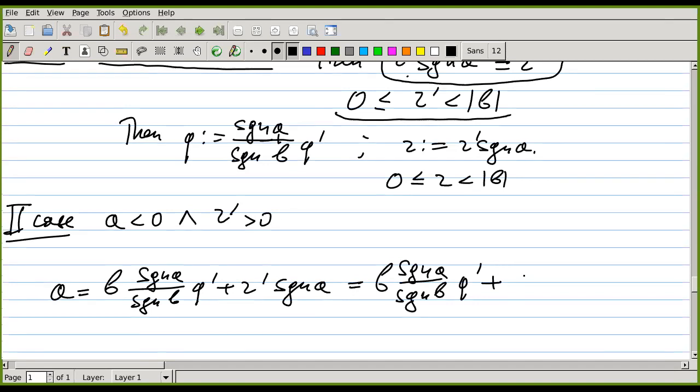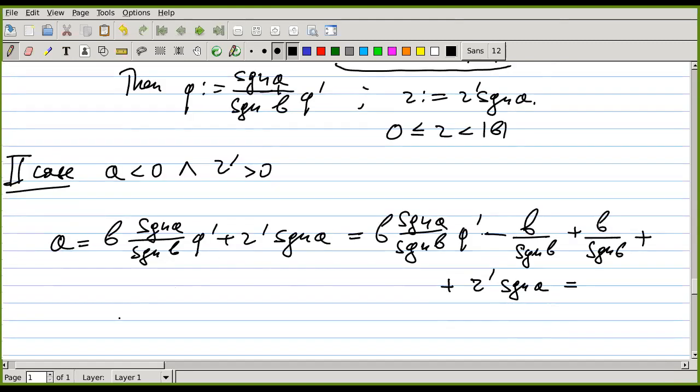It is the module, that is the absolute value of B. First of all, I will subtract the absolute value of B, or B over the sign of B, and then I will add it back. Do you agree that this equation holds? Yes.